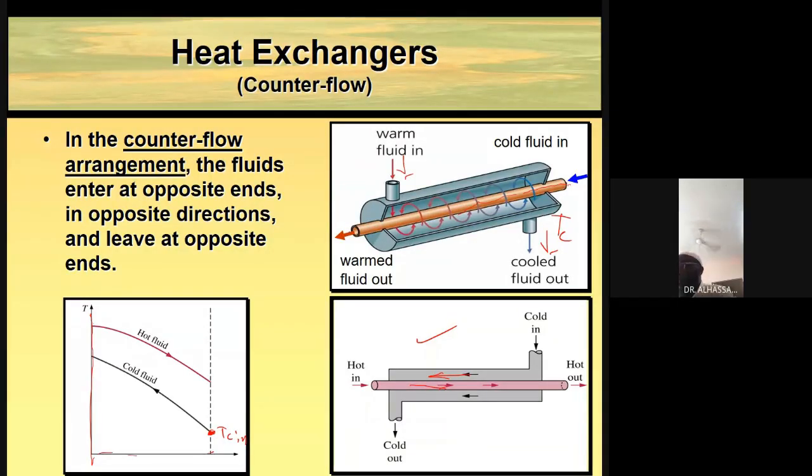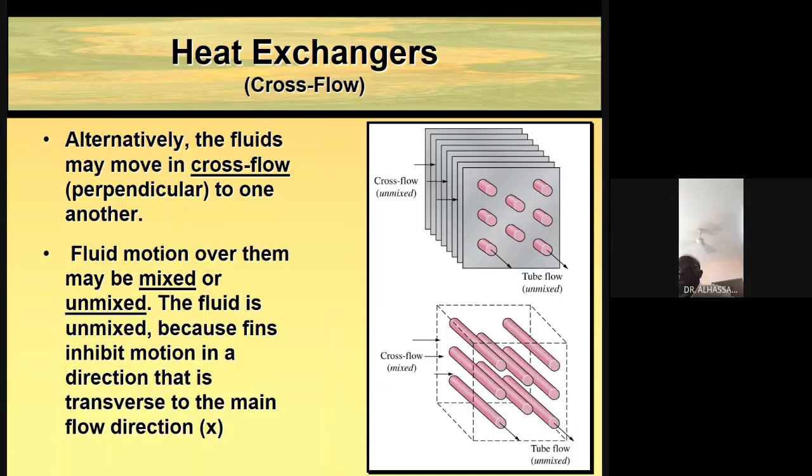There is no way in which we'll have a crossover of temperature from one side to the other. There will always be a space between the two fluids so that there will be continuous exchange of heat between the hot fluid and the cold fluid. The hot fluid's temperature will be reducing and the cold fluid's temperature will be increasing in this way. Then we have the third type of heat exchanger, the cross flow.